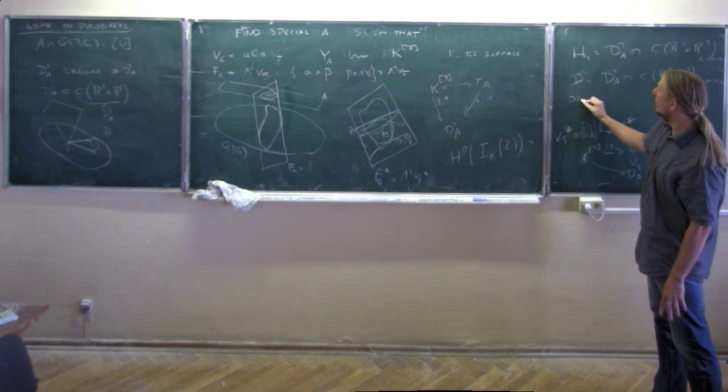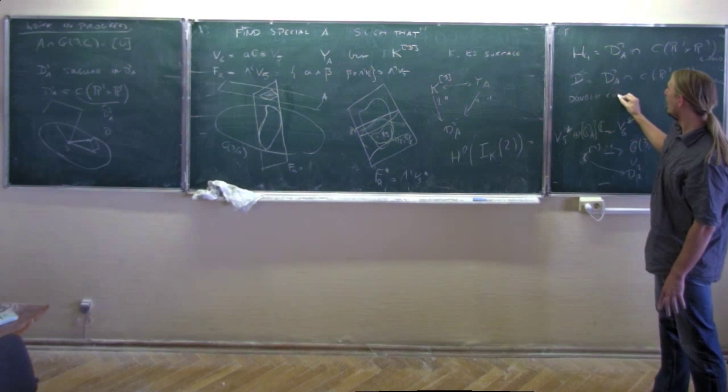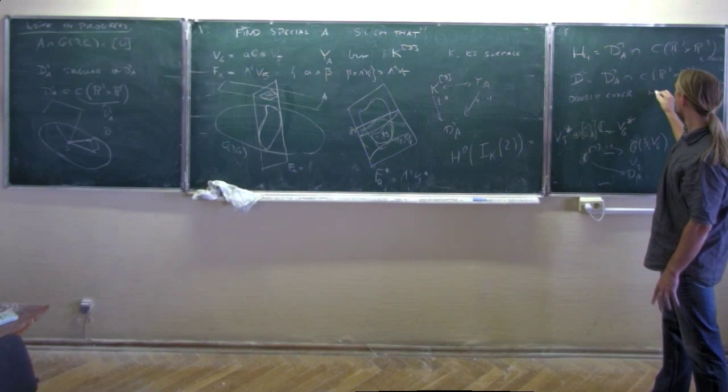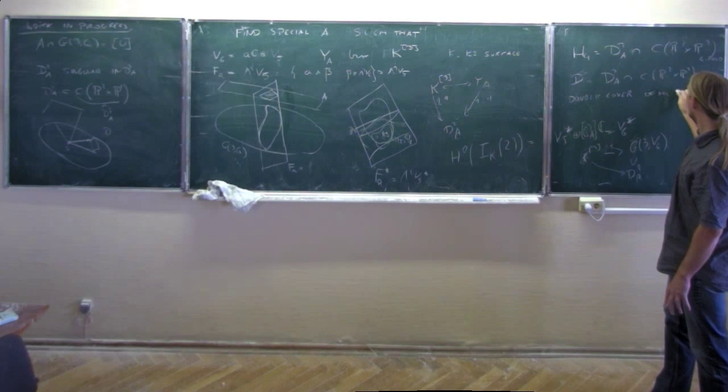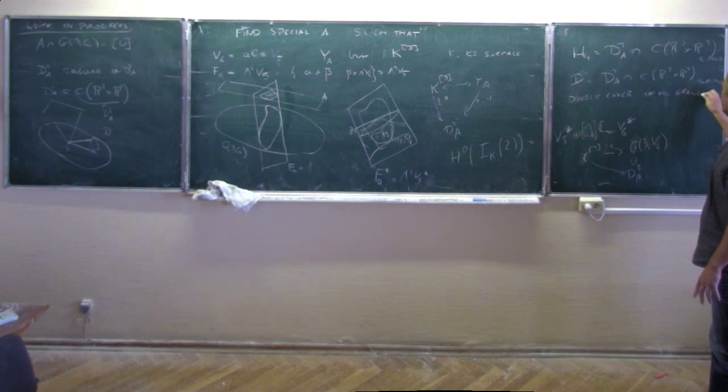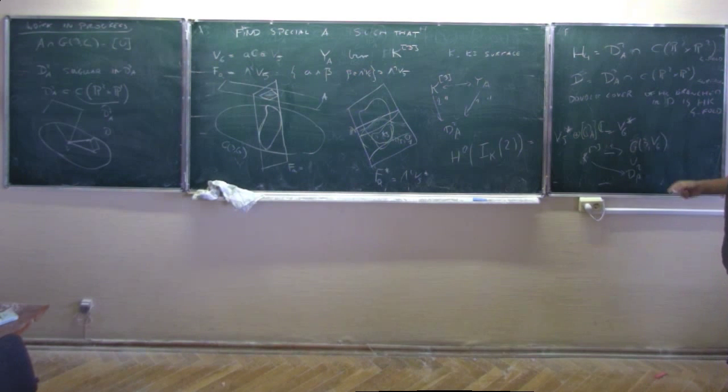The double cover of H4 branched in D is a hyperkähler fourfold. And this is a hyperkähler fourfold of degree 4.